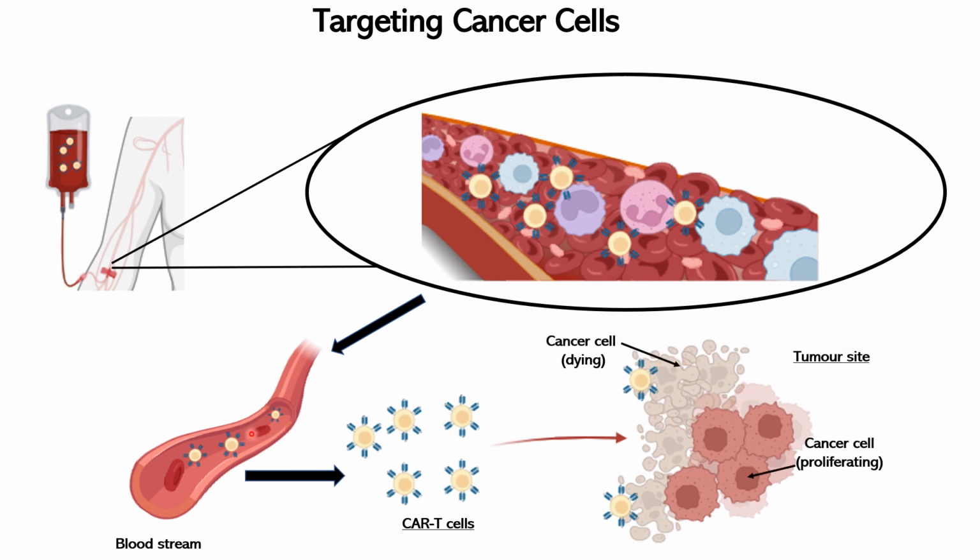Once they are by the tumor site, CAR T cells will move out of the blood vessel and enter the tumor site, and once they are there, they are carrying the chimeric antigen receptor that is specific to cancer cells. Therefore, they will specifically bind to cancer cells and kill them. And that will be the final step that hopefully will cure the patient from cancer, or at least kill the vast majority of cancer cells.